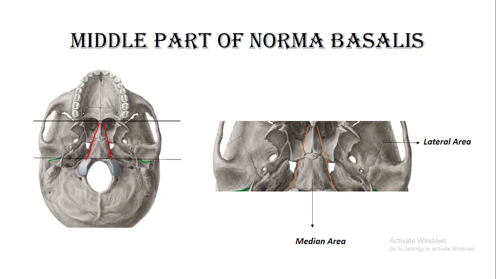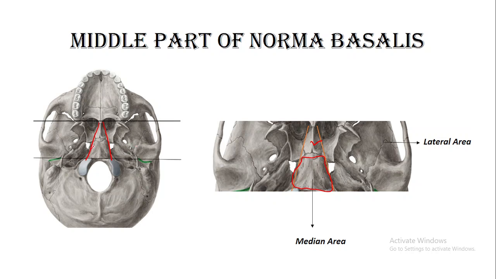This median area consists of basically two major structures. First is the vomer bone, and second is the pharyngeal tubercle, or a broad bar of bone. This quadrilateral bar of bone is formed by the fusion of the body of sphenoid, which is present over here, and the basilar part of occipital bone.